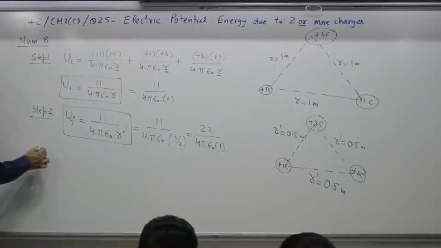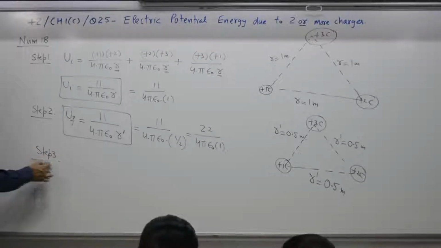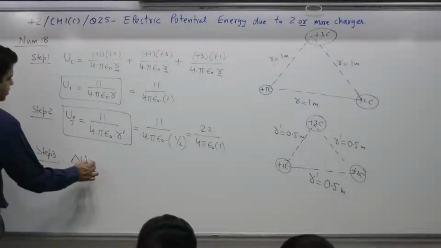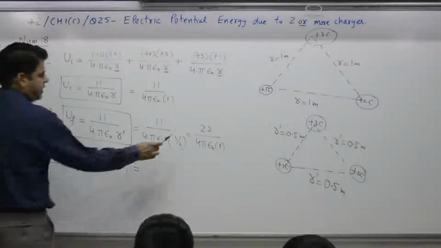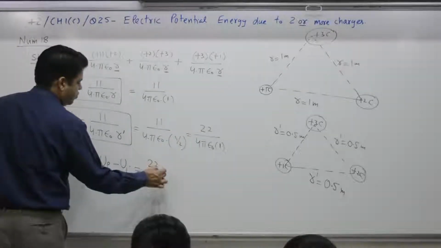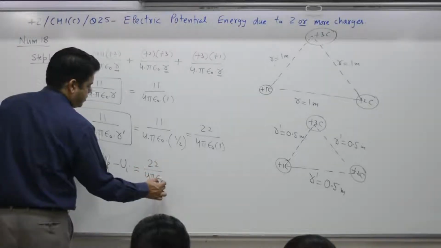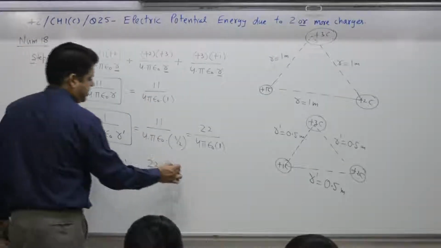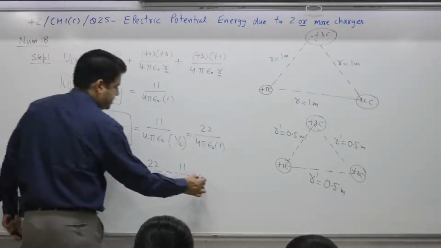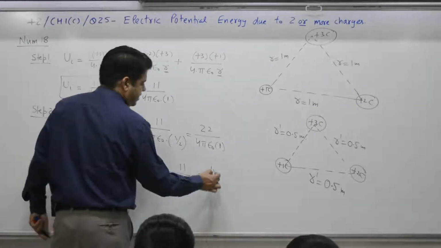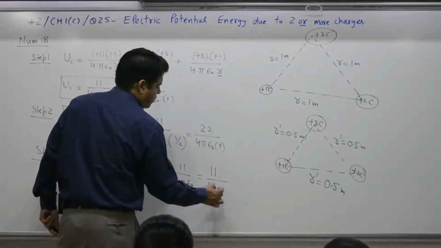Step 3. Change in energy is equal to final minus initial. Final is 22 over 4 pi epsilon naught. Initial is 11 by 4 pi epsilon naught. Answer is 22 minus 11, which is 11 by 4 pi epsilon naught.